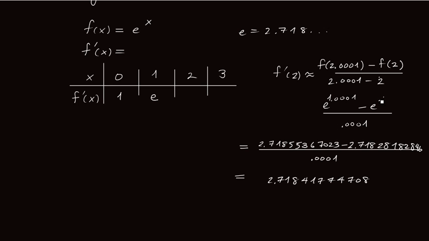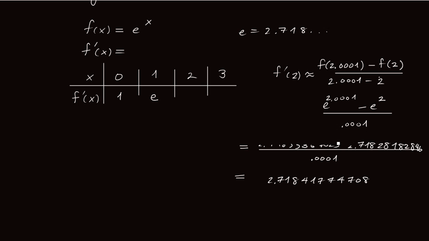That's going to be e to the 2.0001 minus e to the 2. Here I'm using the interval between 2 and 2.0001. The difference in the denominator is still 0.0001.